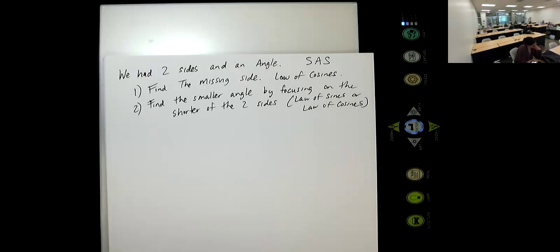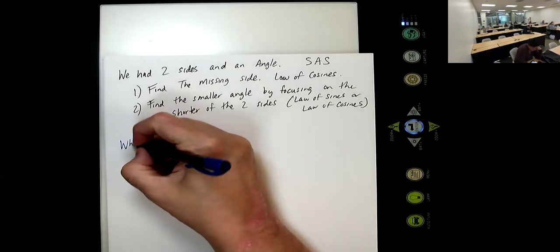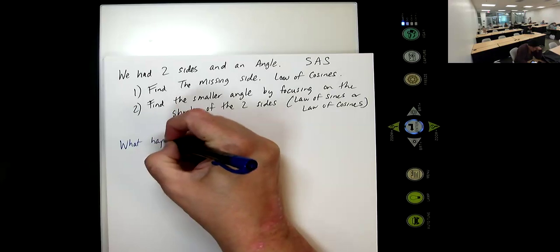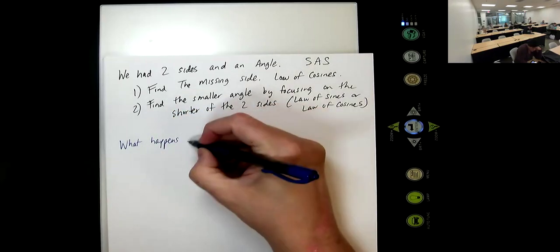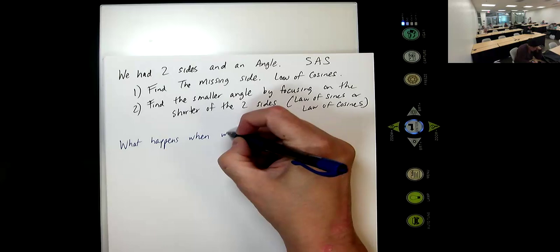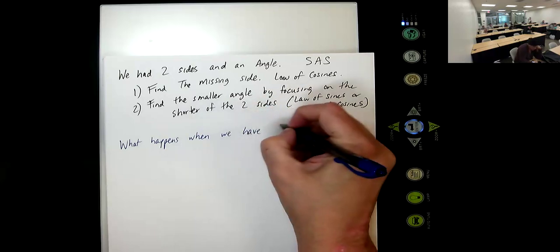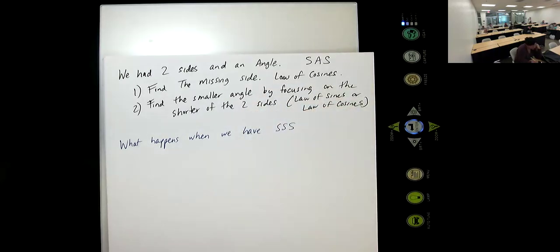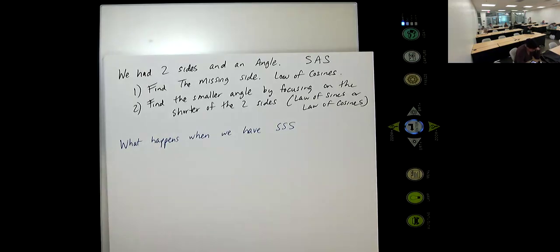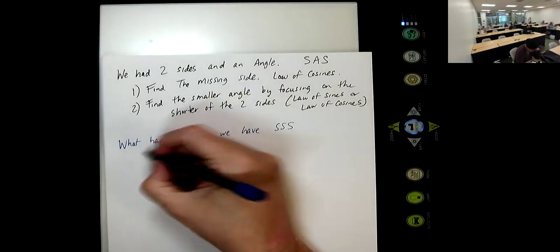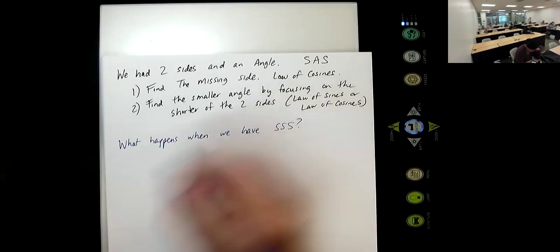What happens when we have three sides? Side, side, side. Law of sines is still not our friend because we don't have any angles, so we can't do anything with it. So law of sines isn't where we're gonna start.